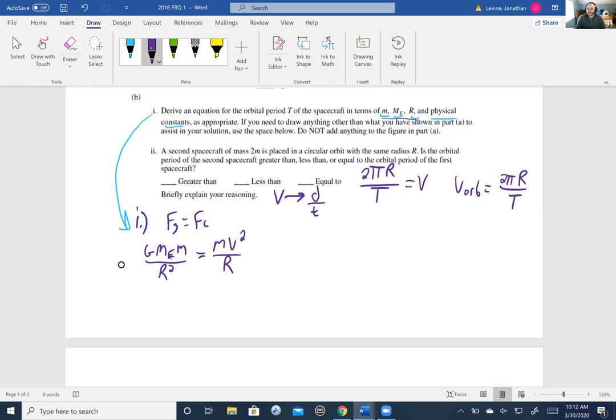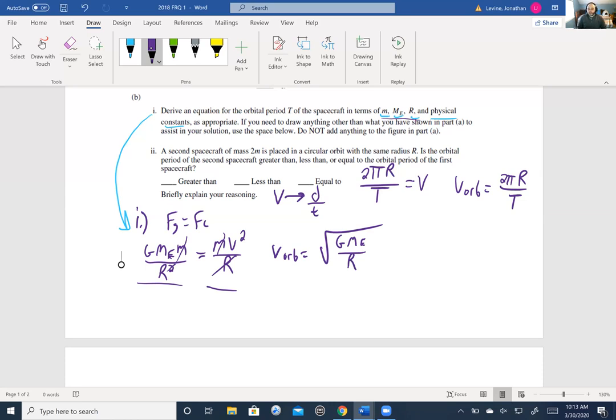I think here it might be easiest to first find our orbital velocity. Solving this for orbital velocity, our r and one of our r squared values will cancel, and our m and our m value will cancel, such that v orbital is equal to the square root of g m e over r.